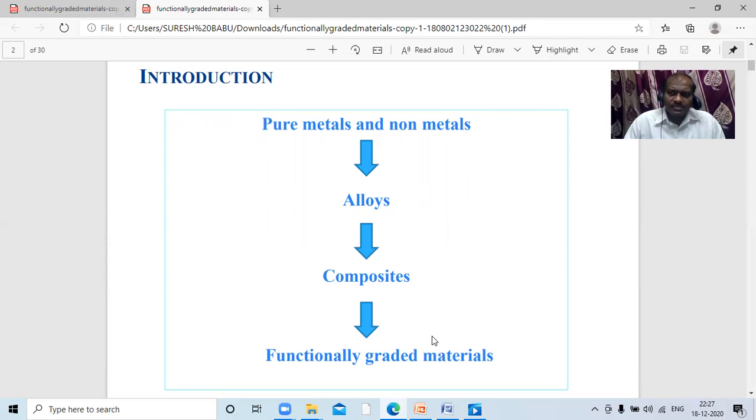A composite is a combination of a metal and a non-metal, and these can be combined in different ways based upon the procedure by which they are developed. We can go for a laminated procedure, or a casting method, or a reinforced method.